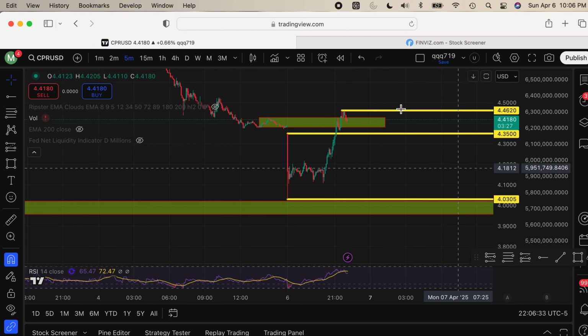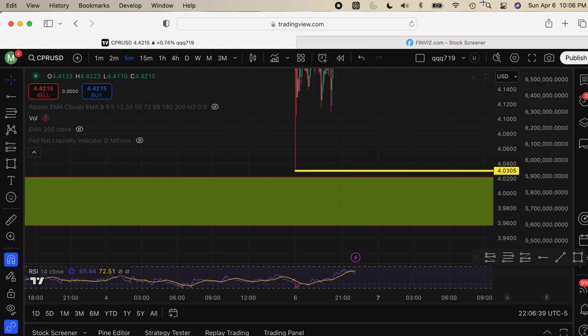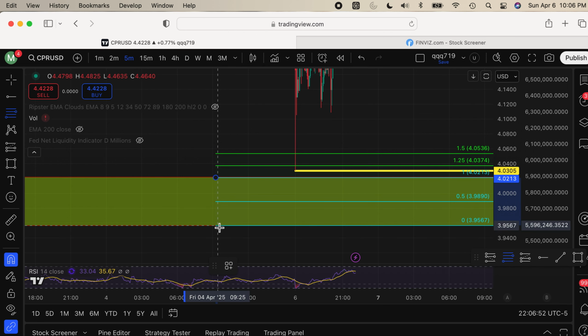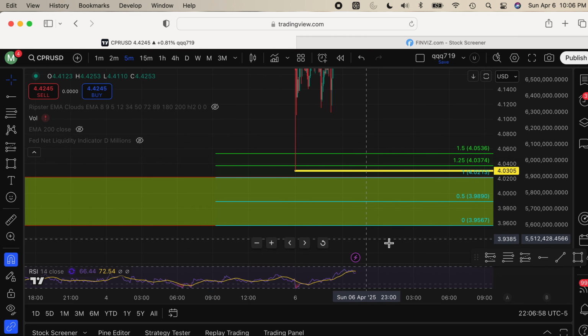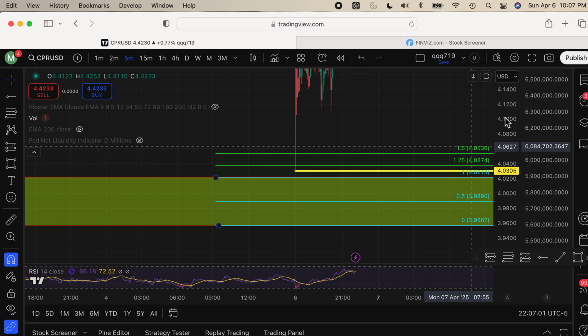So where will they go next? From 446, they will go down to 403. And we have either 402, 396, and half of that from 402 to 396 is 398.90. We have in this area somewhere we need to be watching for a bounce.